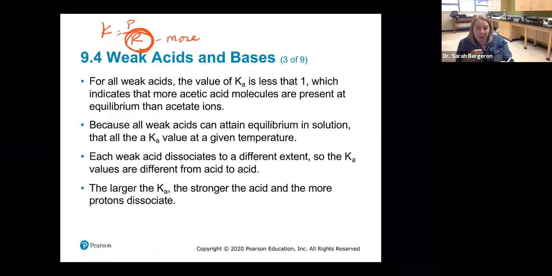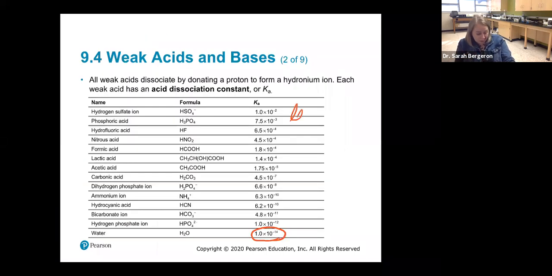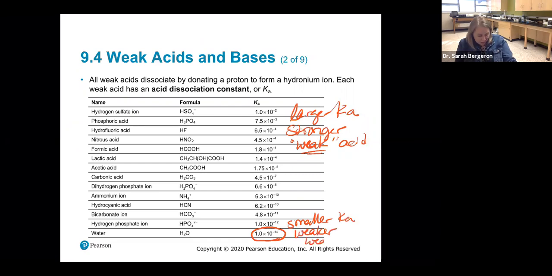The larger the Ka, the stronger the acid. So this is a larger Ka and a stronger weak acid, and this is a smaller Ka and a weaker weak acid. They're all weak acids, but some of them are stronger than others.